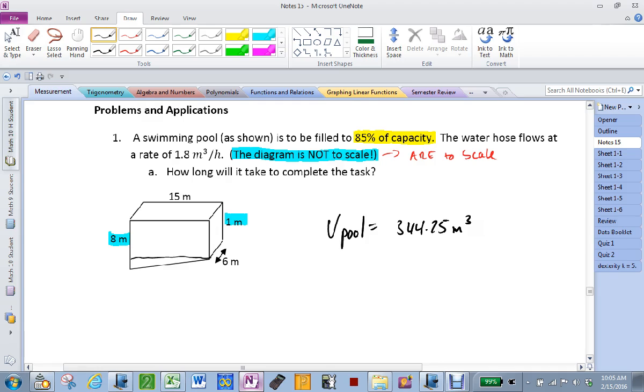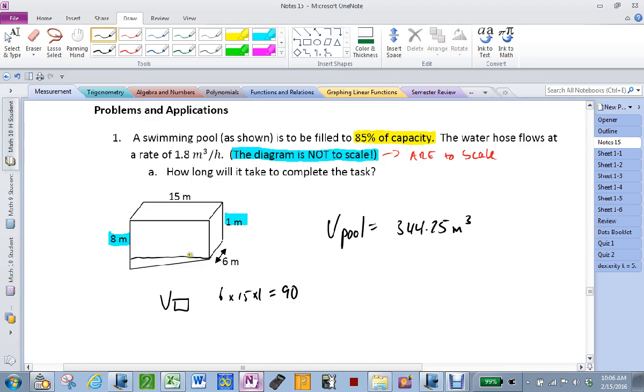Okay. So what have I got here? Depends on how you did it. I personally do the volume of the rectangle, which is 8 by 15 by 1. Yes? Or not 8, sorry. 6. 6 by 15 by 1. 6 by 1 by 15 to get the big rectangle, which is 90.